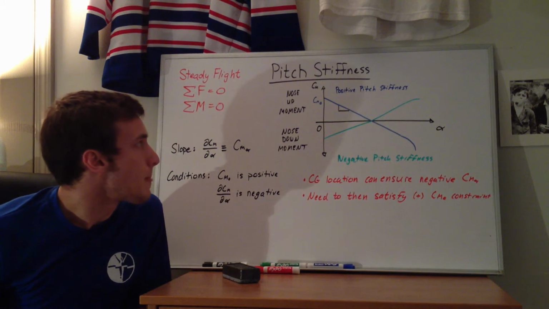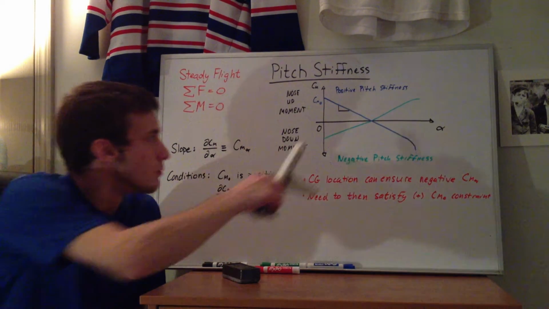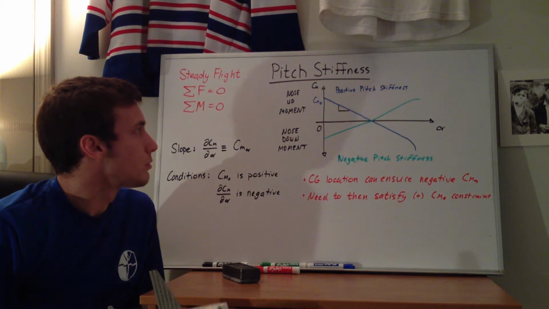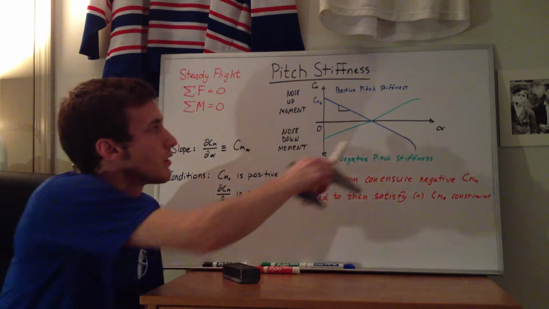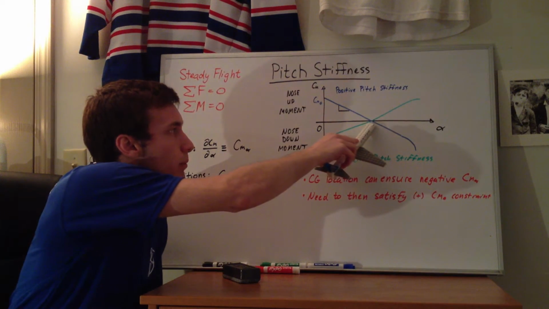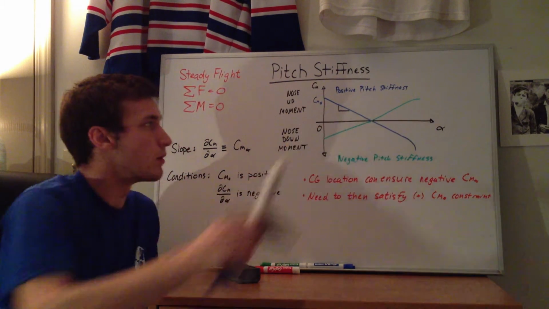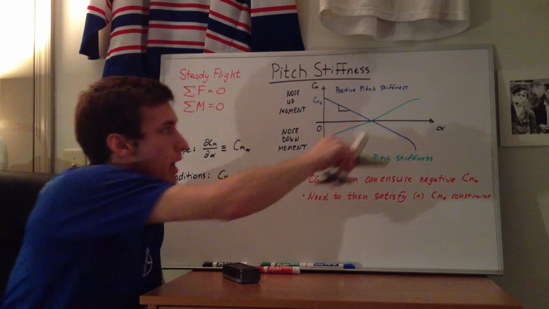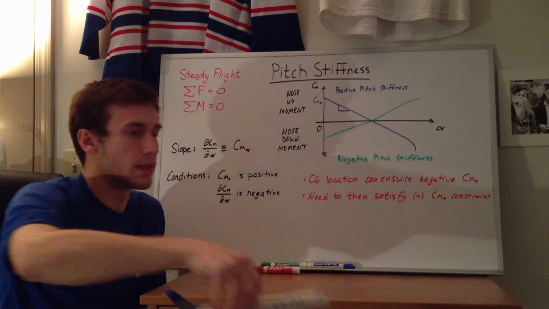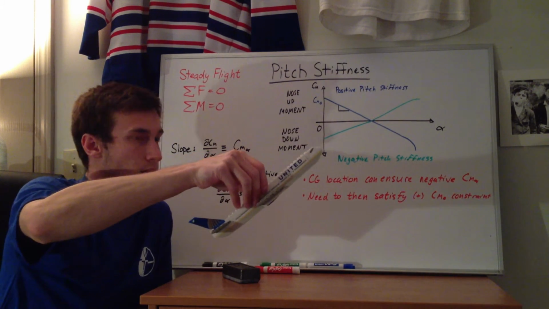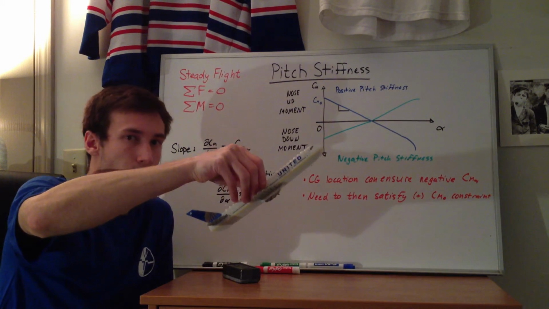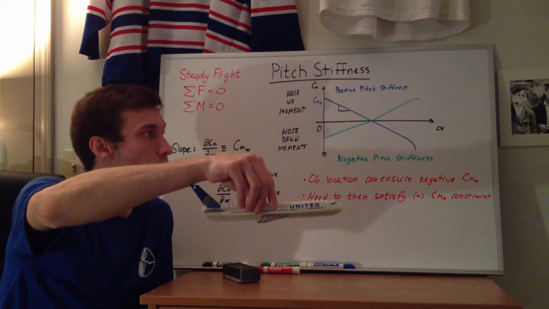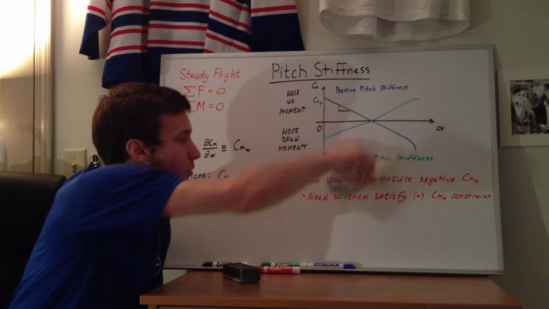Okay, so let's look at the blue line first. The blue line is saying, let's start here at our trim angle. We're flying along constant and steady, and then all of a sudden a gust of wind comes along and increases our angle of attack. What we want is for the plane to come back down to where it was, which means we need a nose down pitching moment.